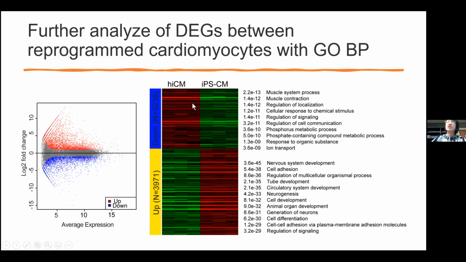Here, the genes that are higher in HICMs are related to muscle contractions, cell response to chemical stimuli, and ion transport, whereas surprisingly, the genes that are expressed higher in iPSCMs are related to neuron development and cell differentiation. So that's unexpected.